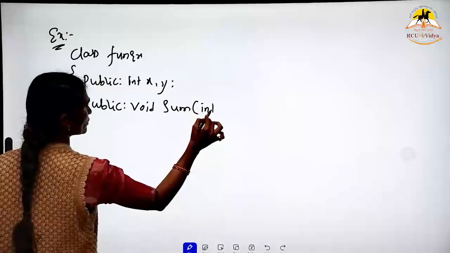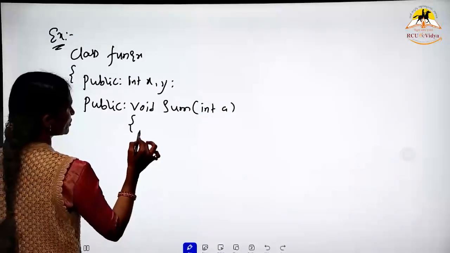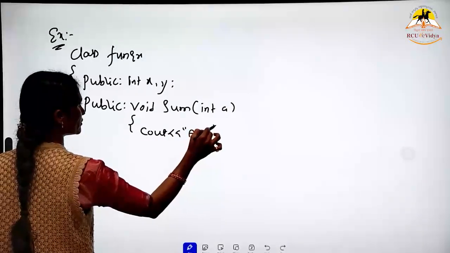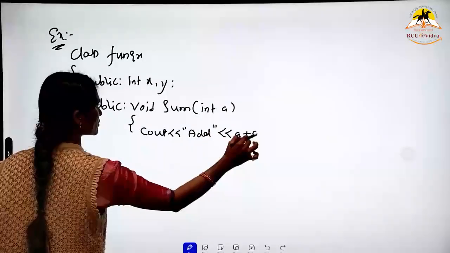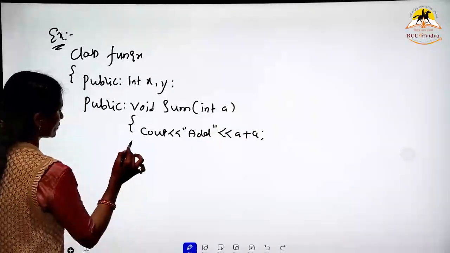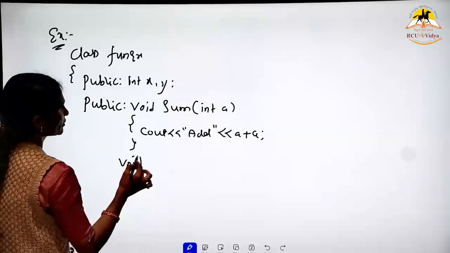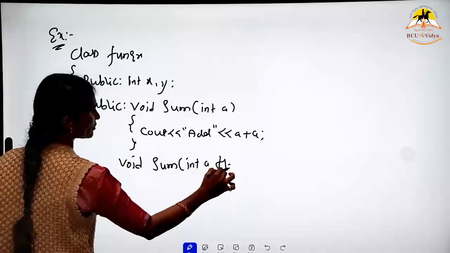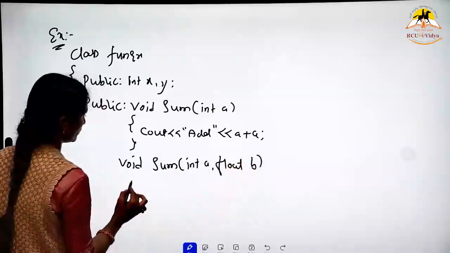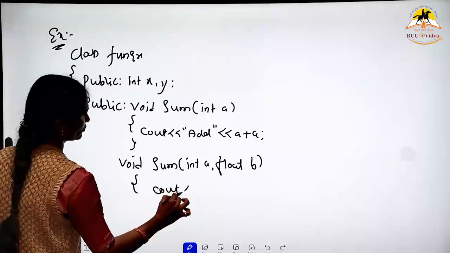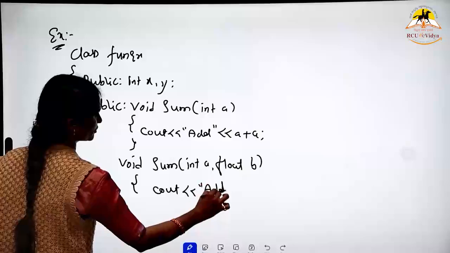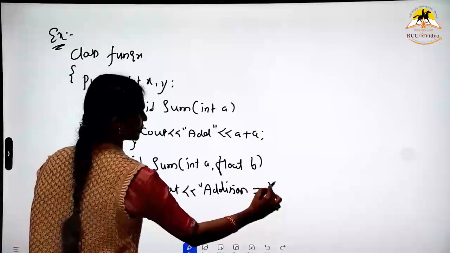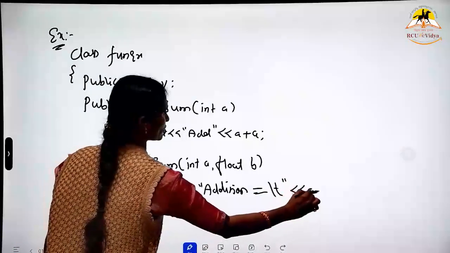Sum with int a, and here cout simply displays the value of a plus a. Similarly, another sum with int a and float b, and cout addition is equal to a plus b.